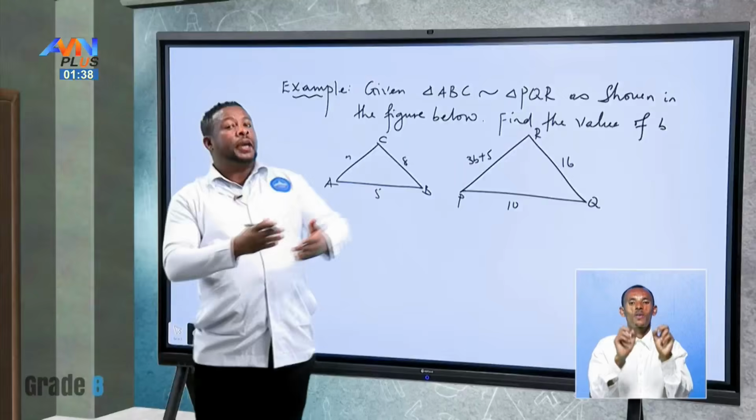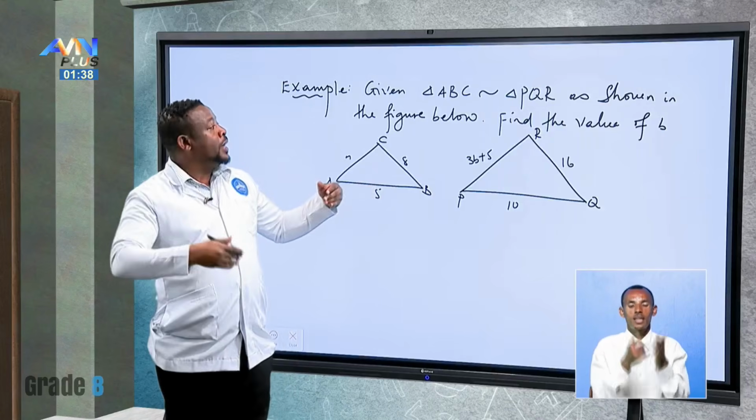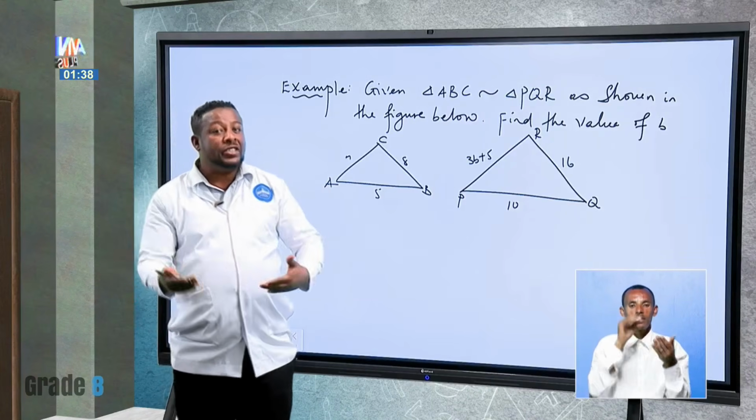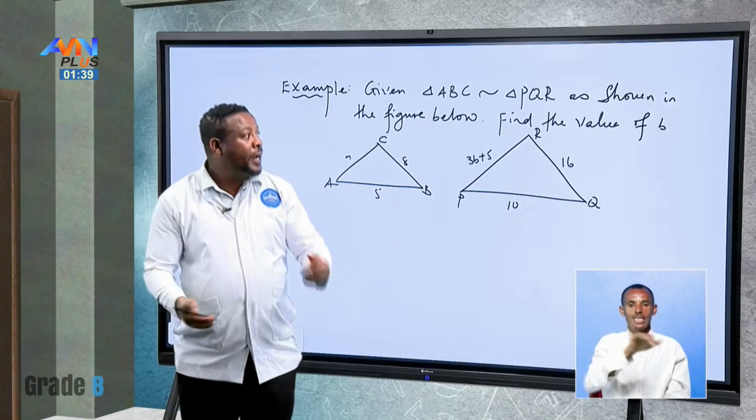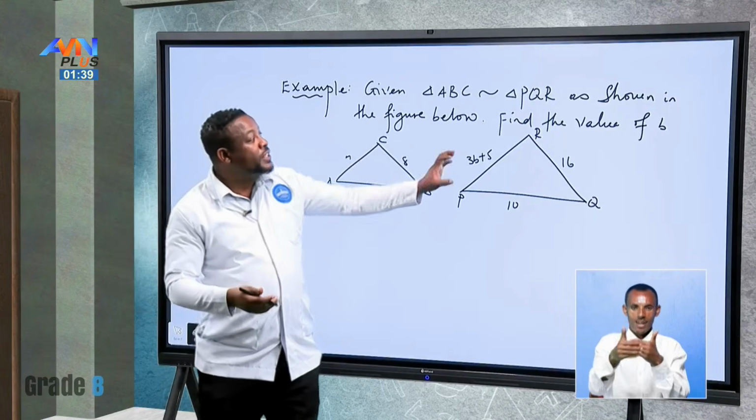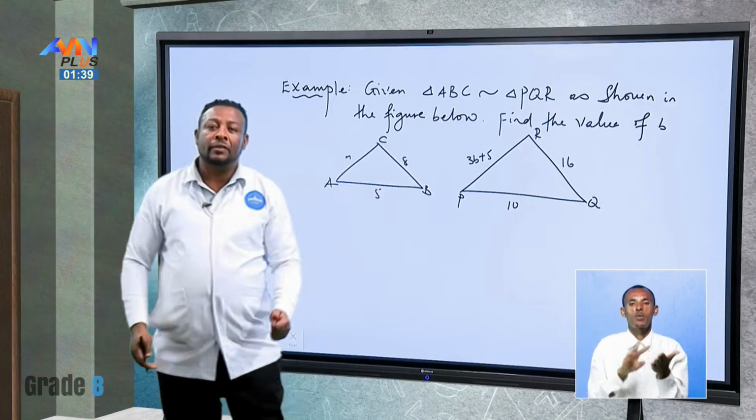Here in this example, it's given that triangle ABC and triangle PQR are similar. Then, based on this information, we are asked to find the value of B.